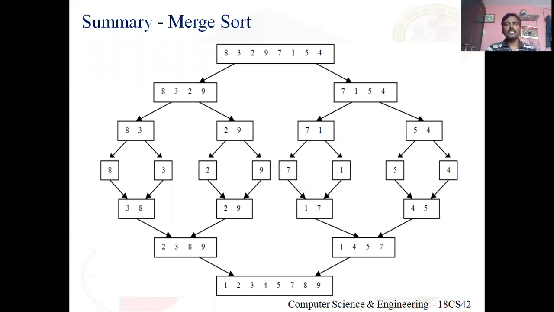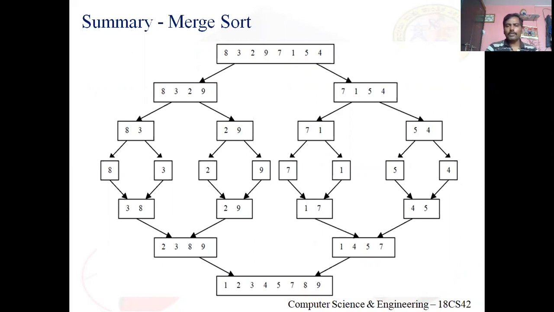Now what happens? A merge phase happens. Got it? So I told you how to merge, right? So for example, consider the last but one level. In the last but one level, there are 2 subarrays. One array containing 2, 3, 8, 9.